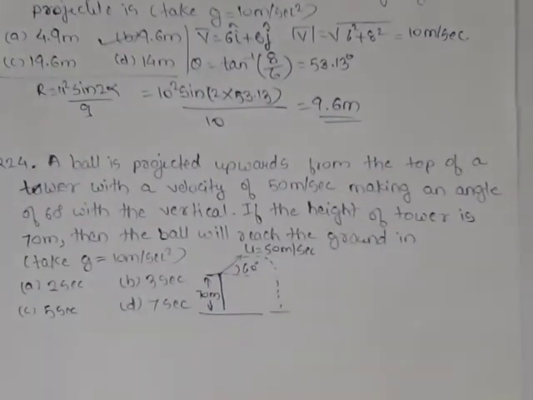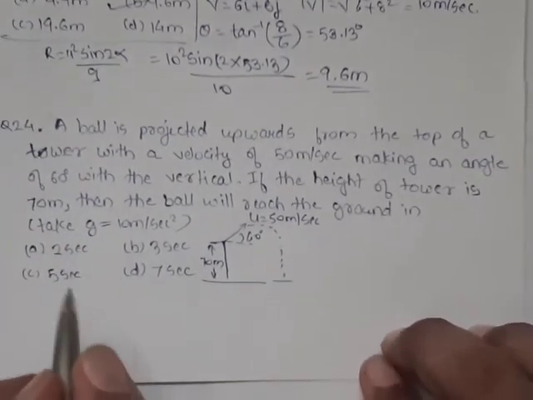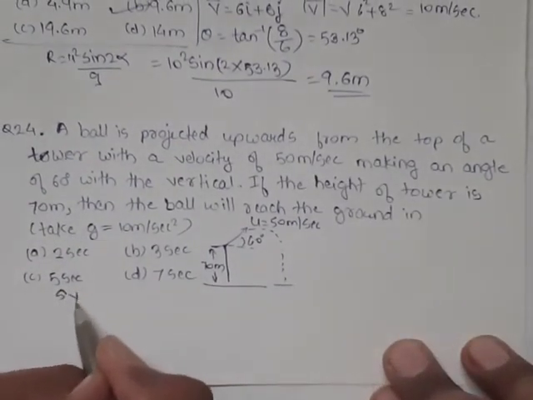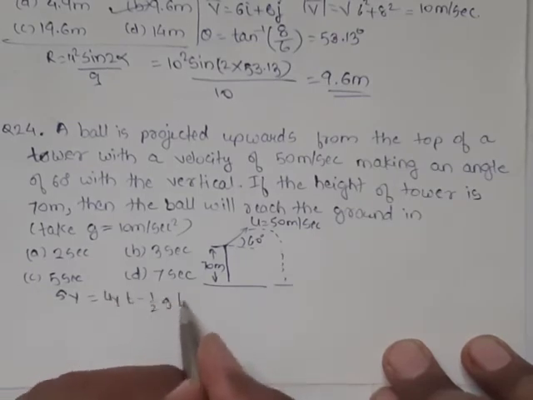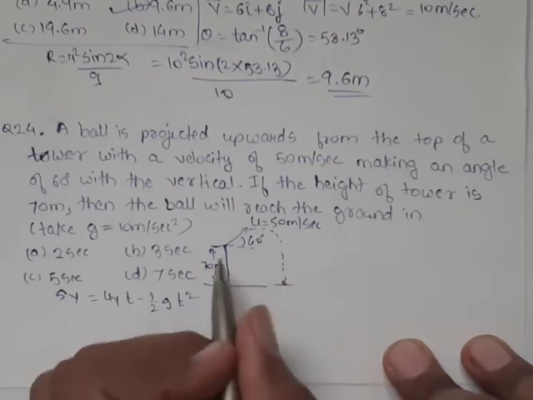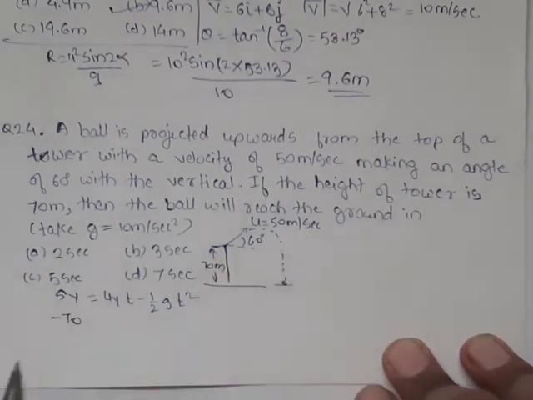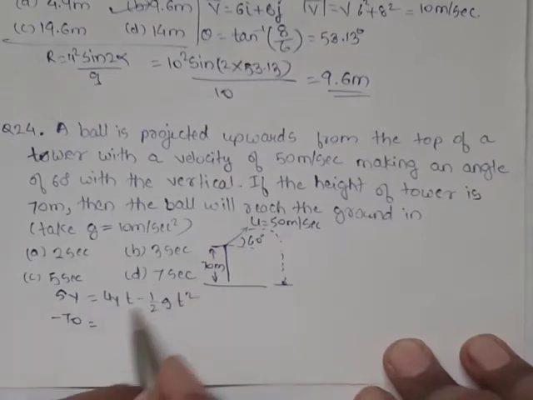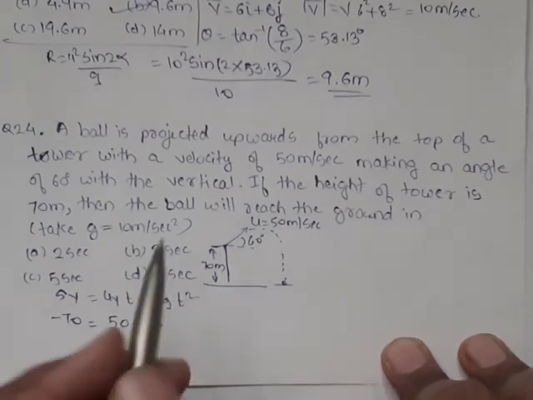So here all the values are in the y direction. So we'll use the formula Sy equal to uy t minus 1/2 g t square. The final point is below the initial point, so Sy is taken negative, minus 70, which is the height of the building, equals uy. uy is the y component of velocity. It is 50 into sine of the angle of projection.